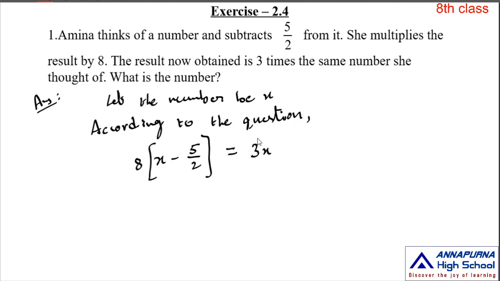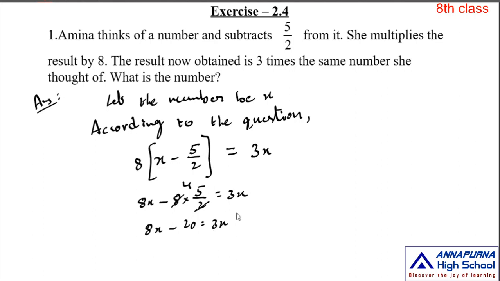Now solve this equation. So first simplify the left side part. Why? Because here we have bracket. So that's why first you simplify left side part. 8 into x, 8x, minus 8 into 5 by 2 is equal to 3x. So 8x minus 20 is equal to 3x.